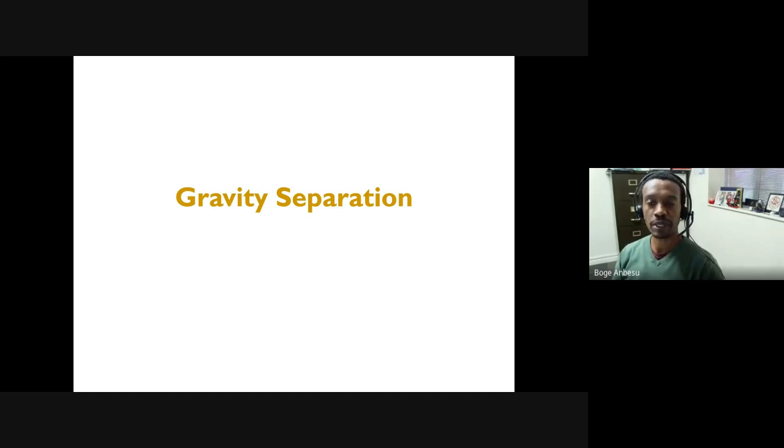So one of the methods that we commonly use to beneficiate ores is gravity separation. Gravity separation, as the name implies, basically utilizes the differences in density or specific gravity of minerals. Typically, the valuable minerals tend to be denser.